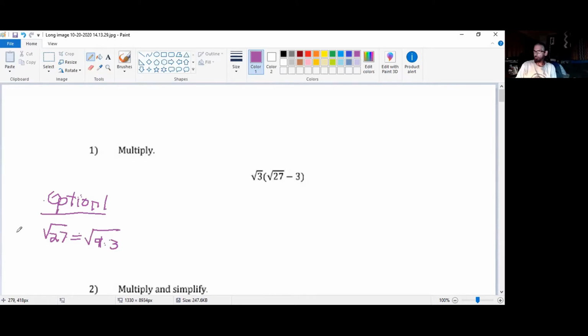So the product rule would tell me that I could split up the multiplication. Take the square root of the 9 and get 3 square root of 3.